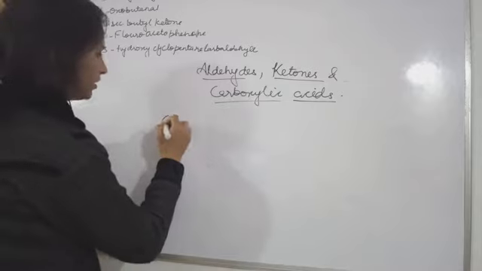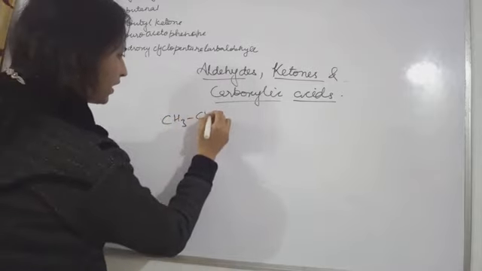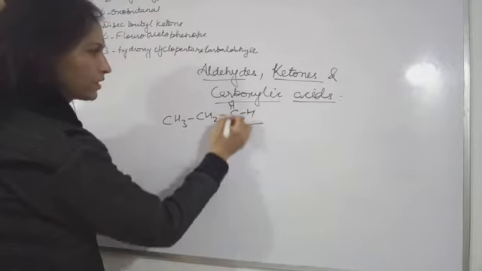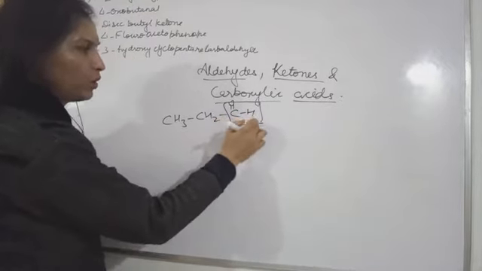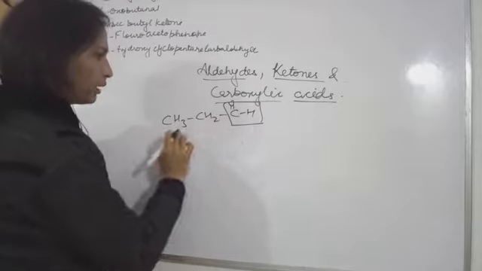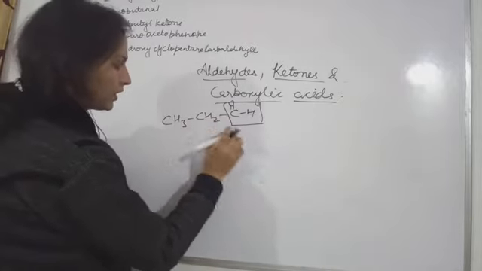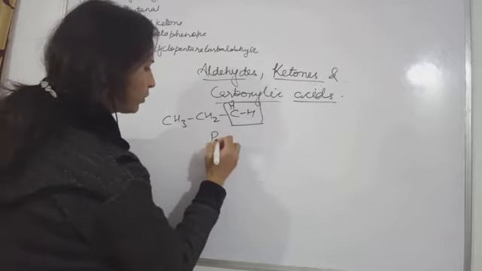The first compound we have contains the aldehyde group, which means C double bond O N H. What is the name of this compound? Three carbons are present, so the word root will be prop.